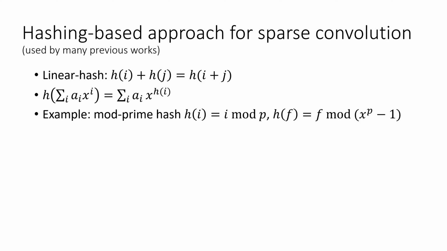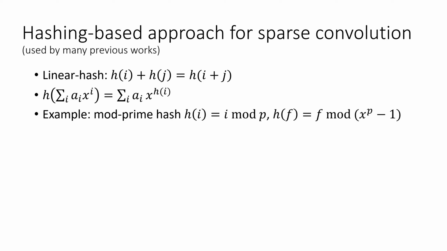A very classic example is the mod prime hash, which hashes from integers to the mod p cyclic group. And in this way, hashing a polynomial is equivalent to taking the residue of the polynomial modulo x to the p minus 1. Here is an example instance of sparse convolution.